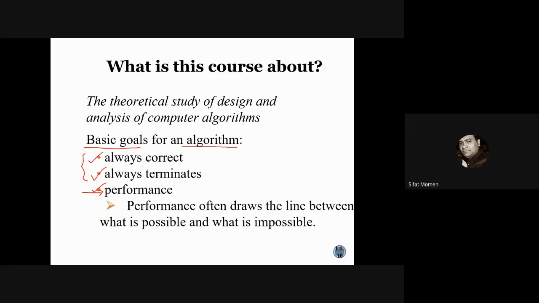So that's why I've written over here: performance often draws the line between what is possible and what is not possible. If you have a poor algorithm, well, it's fine. Your algorithm might be correct, but it may not be very usable. It may not be something that you can use to do something. Okay, so that is very, very crucial to us.